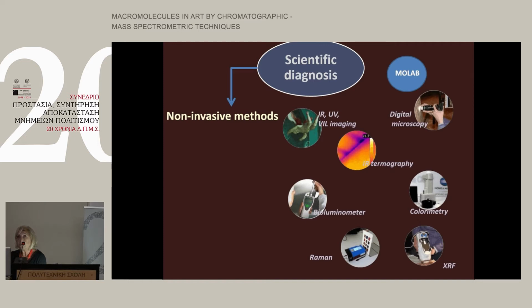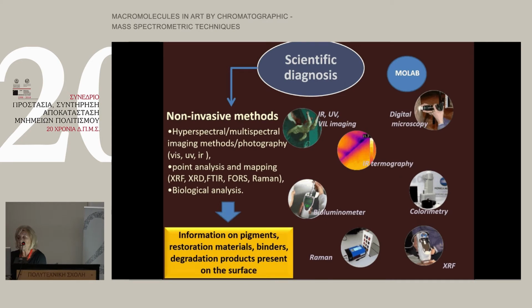We can get information on the composition of the surface, from hyperspectral or multispectral imaging methods, and then with punctual analysis with spectroscopic methods, you can have information on pigments, restoration materials, some binders, some varnishes, some degradation products, but these are limited only to the surface.